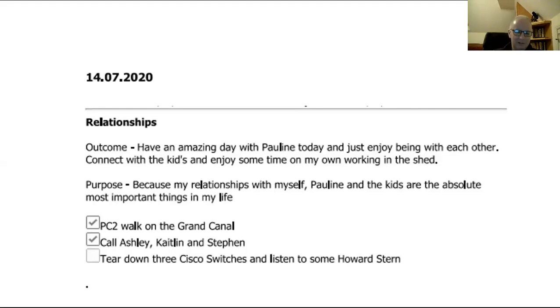That's something we like to do on a nice Sunday, or whenever the weather's decent. We live not too far from the Grand Canal. We take some time, go for a nice walk, spend time together, and have a chat along the way. So I put that down: I want to make sure that today we get a good long walk down the Grand Canal, spending some time together.